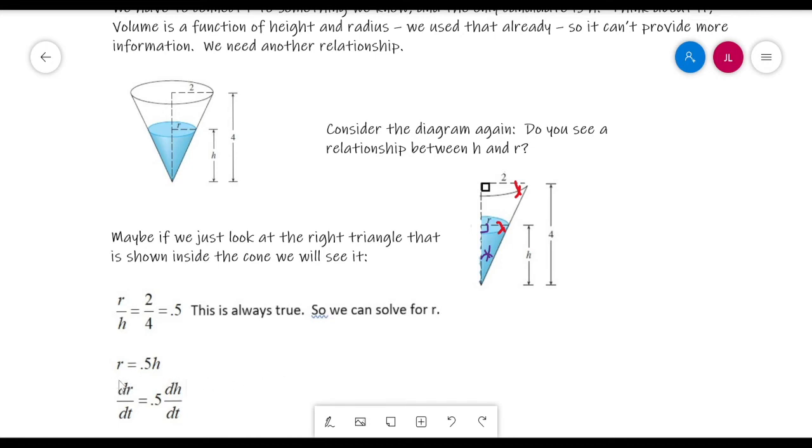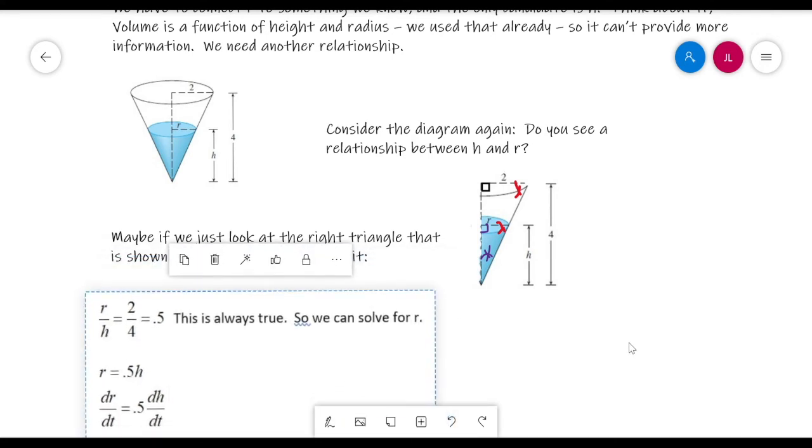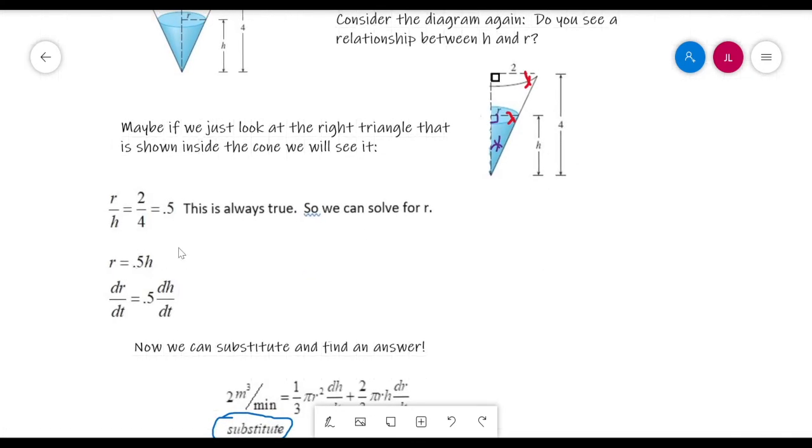So r over h equals a half, or r equals half of h. r equals 0.5h. That's always going to be true, and that's because these triangles are similar. We can also take the derivative of this little equation, and that tells us that dr/dt is 1/2 dh/dt.